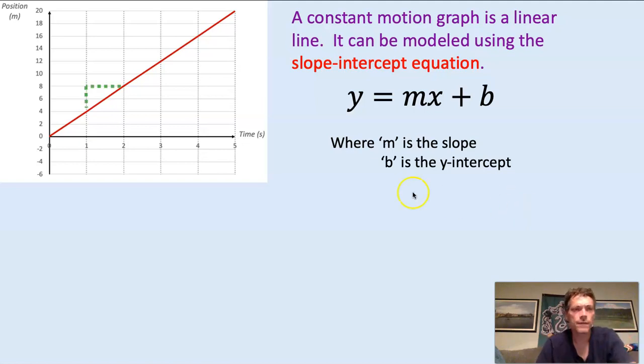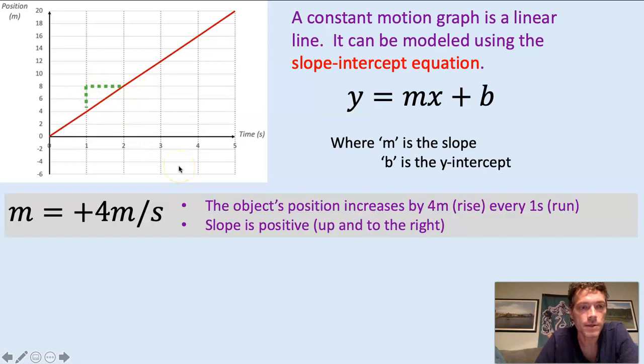Since you have a graph, you can find the slope just by rising and running. So we see that in this graph, the slope is a positive 4 meters per second because you rose 4 meters from 4 to 8 and you ran 1 second.